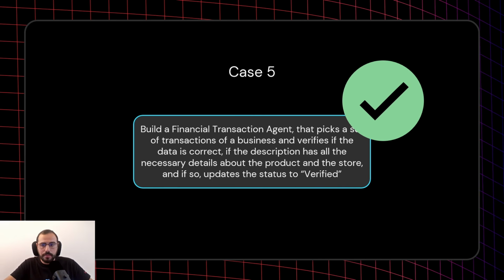So the agent should have the capability of giving that information to an API, to a certain logic, to verify what is deterministic, so to check the IBAN, check if the fields are in the correct format, and so on. But then he also needs to do on his own, not giving to a certain piece of code, he needs on his own to validate if the description is well made or not. So this is indeed a use case for an AI agent.